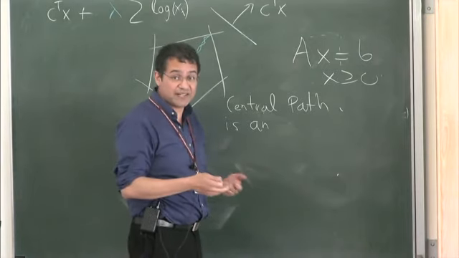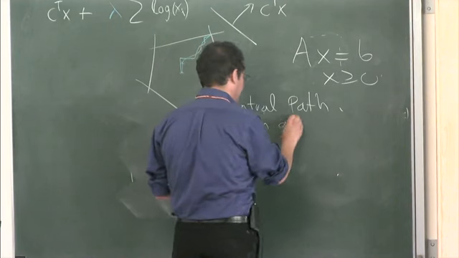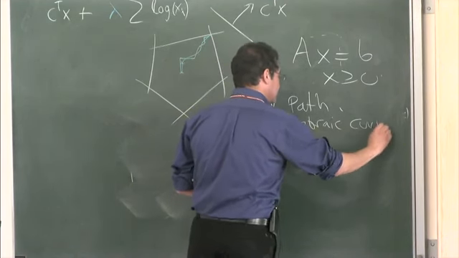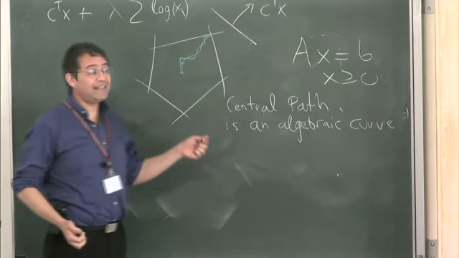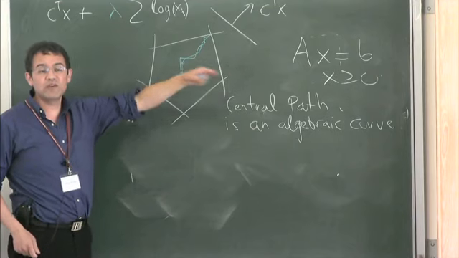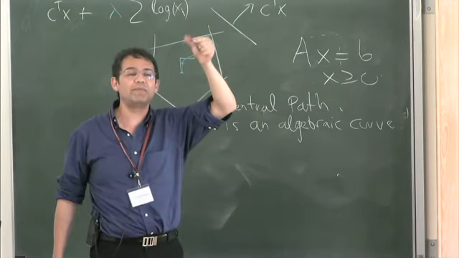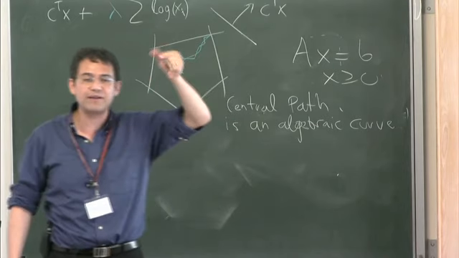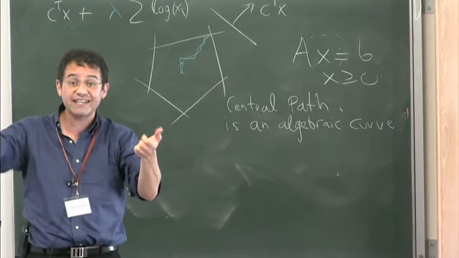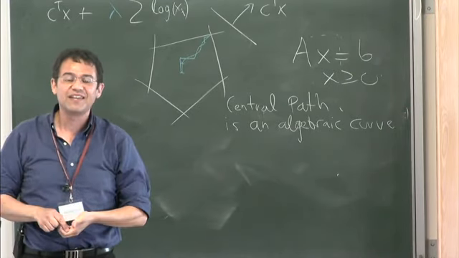It's a real algebraic curve. And if you think about primal-dual methods, there's a representation of the primal-dual central path that is very obvious: a quadratic equation description of the path.